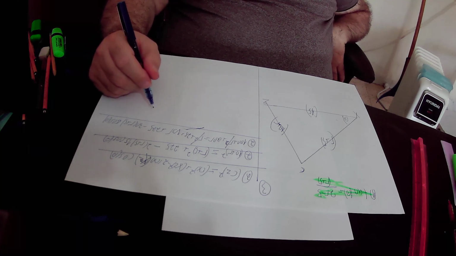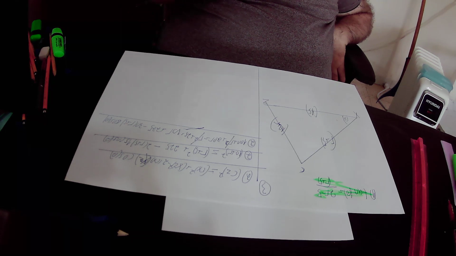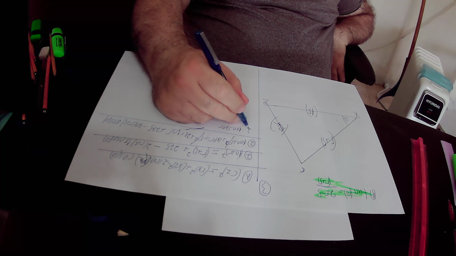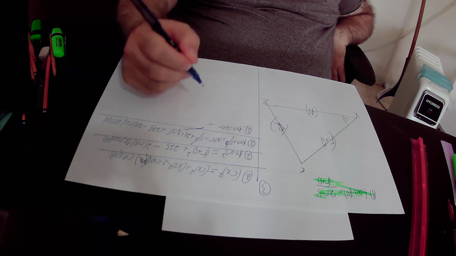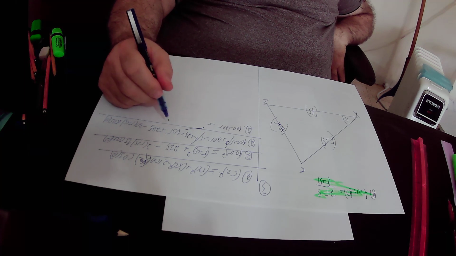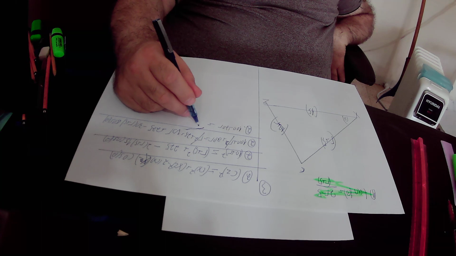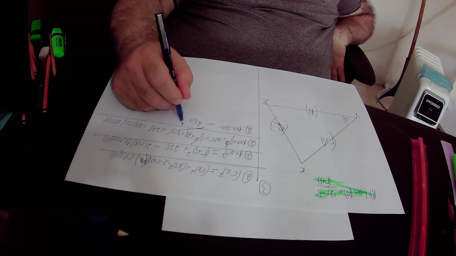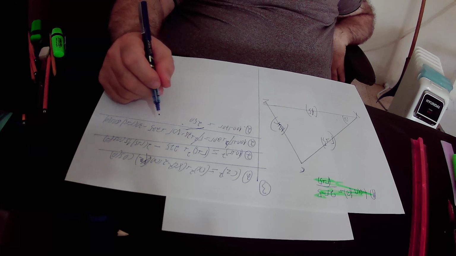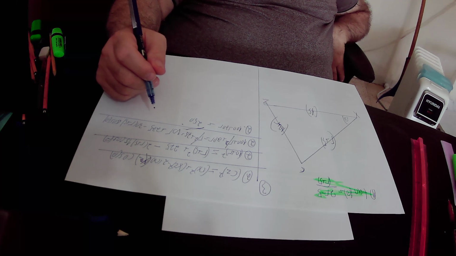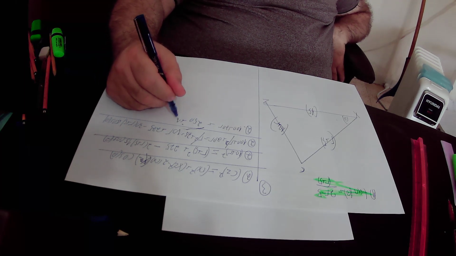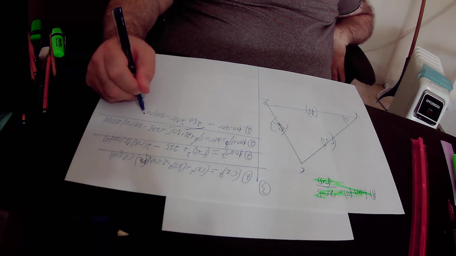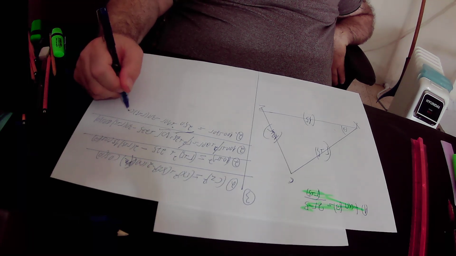After we cancel r squared, we have on this side of the equation 100 plus 20r, and on the other side we have 225 plus 25, which is 250, so it is 250 plus 10r minus 30 times r plus 5 times cosine theta.